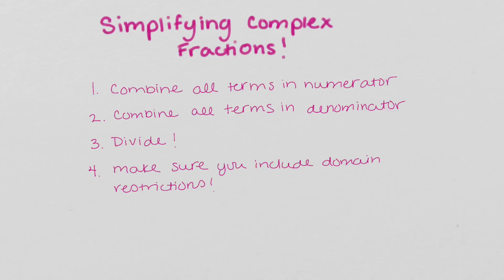And at that point you divide using our rules for division, which is dividing by fractions is easy as pie. Flip the second and multiply. All right, so then we're going to make sure we include domain restrictions after we have written our final answer.